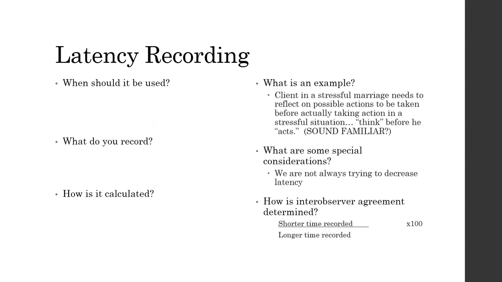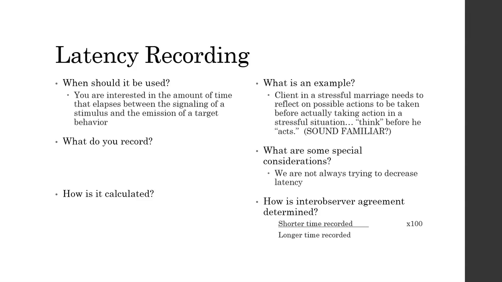Latency: if you're interested in the amount of time that elapses between signaling of a stimulus, the school bell for example, and the emission of a target behavior, or the bell ringer activity being started, you would be getting latency. This is an obvious example, because latency recording is used when you're interested in the amount of time that elapses between signaling of a stimulus and the emission of a target behavior.